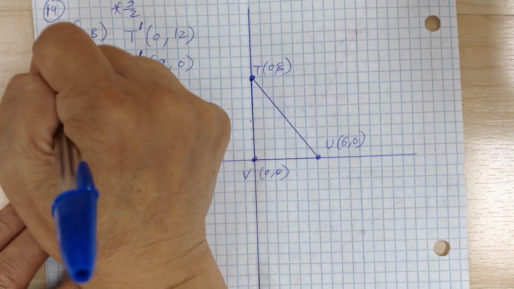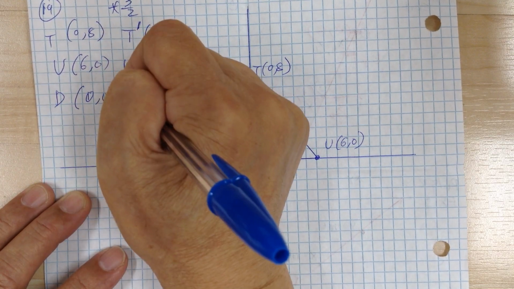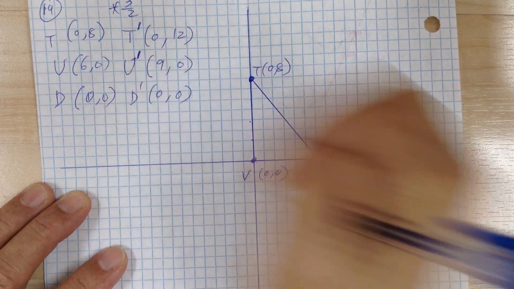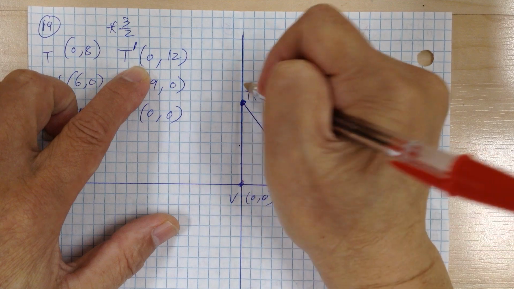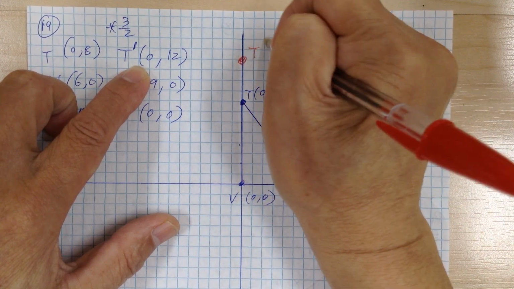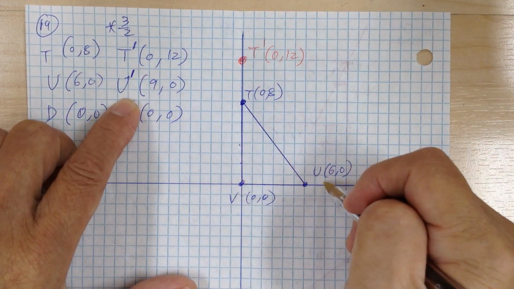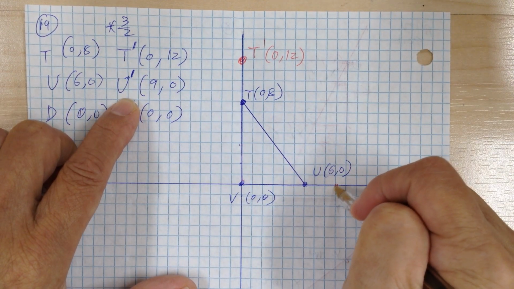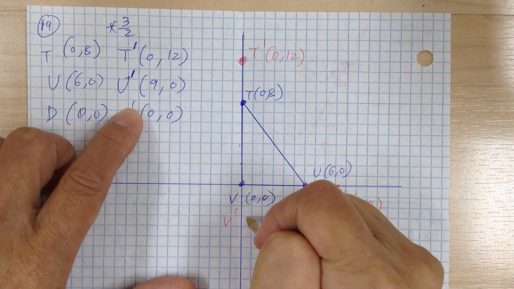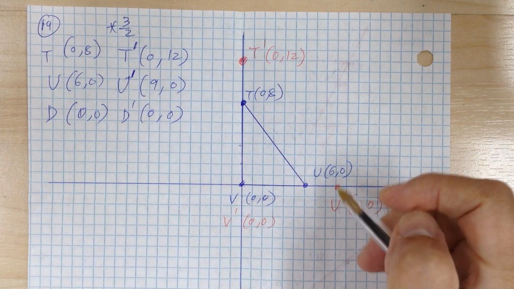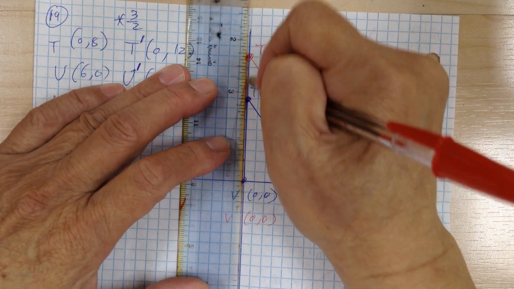D is at 0, 0, so the D prime is still going to be 0, 0. So T prime should be 0, 12, U prime is 9, 0, and the V prime is 0, 0. Okay? So you're going to end up with this triangle over here.